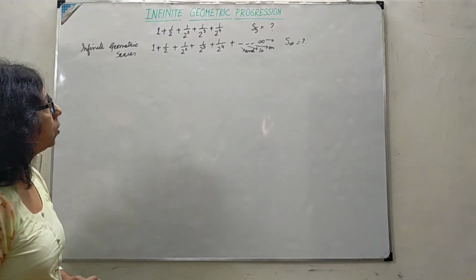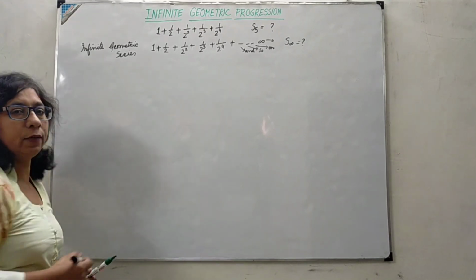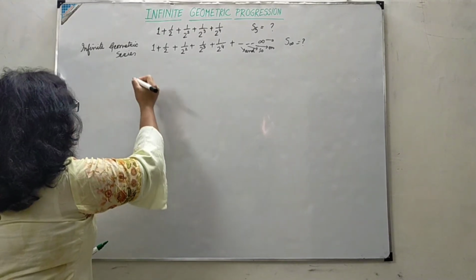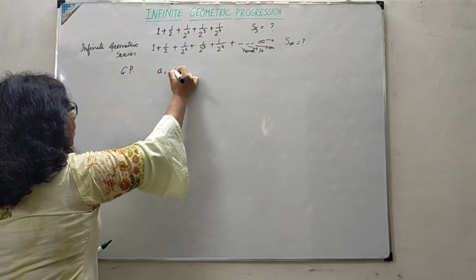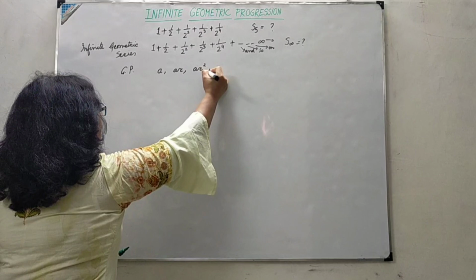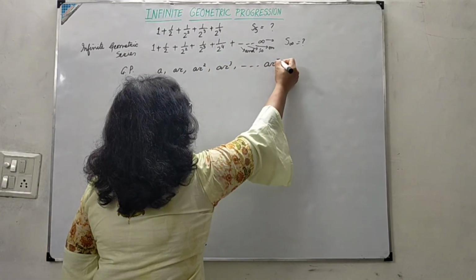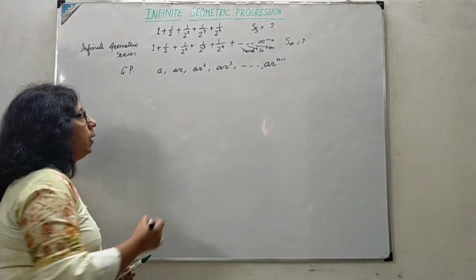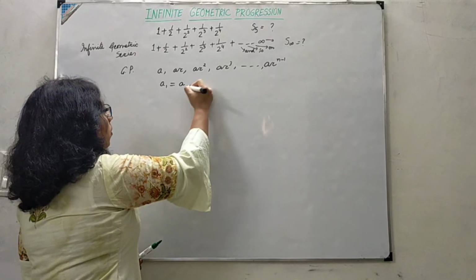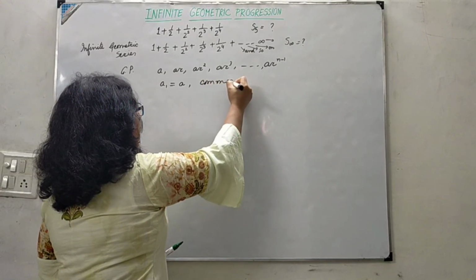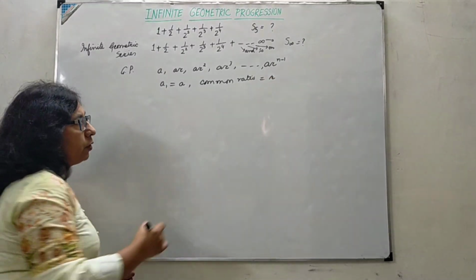Now, let us go to the previous geometric progression we have already studied. We have seen the standard form of GP as a, ar, ar square, ar cube, etc., ar to the power n minus 1, in which the first term is a and the common ratio is r, which is a constant.